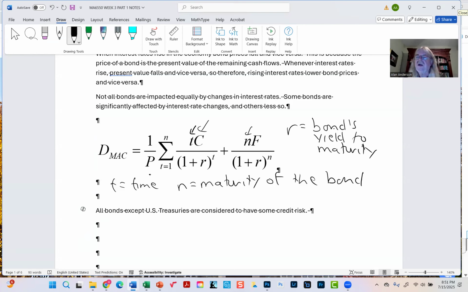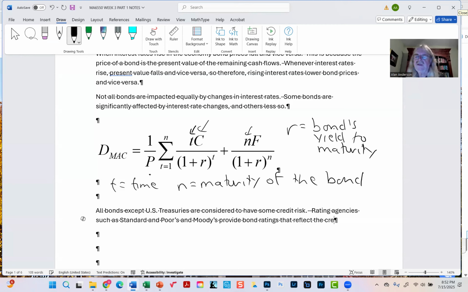So, how do we know how much credit risk a bond has associated with it? Rating agencies, which you may have heard of, such as Standard & Poor's and Moody's, provide bond ratings that reflect the creditworthiness of the issuer.